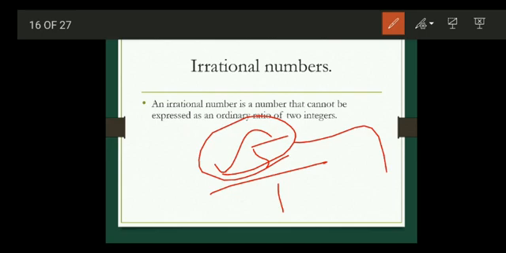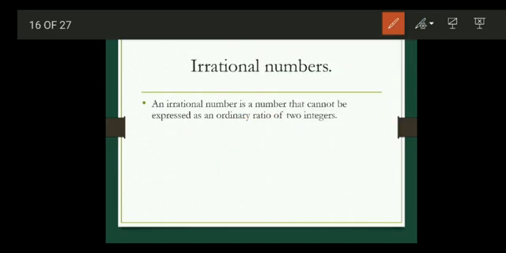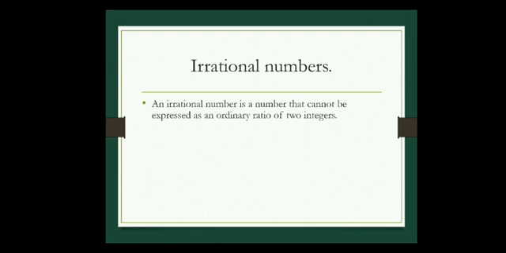So we cannot write root 5 as a rational number. So this is an irrational number. Numbers which cannot be expressed as an ordinary ratio of two integers are called irrational numbers. Examples are root 2, root 3, root 5, 2 root 5.